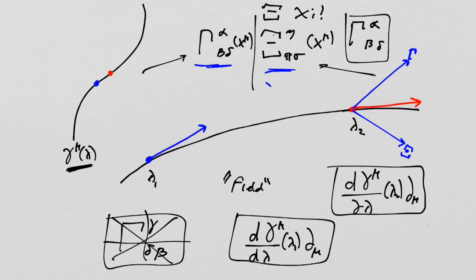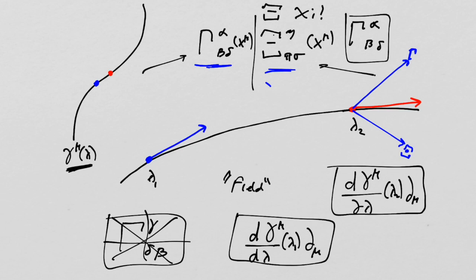But the other thing I can do is I can move along this curve and take this blue vector and parallel transport it all along the way using the parallel transport equation, and I can end up with a parallel transported vector. So that is the crux of what the mathematical idea of geodesic is all about.